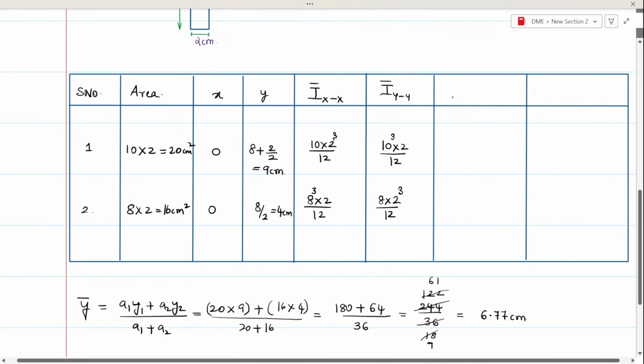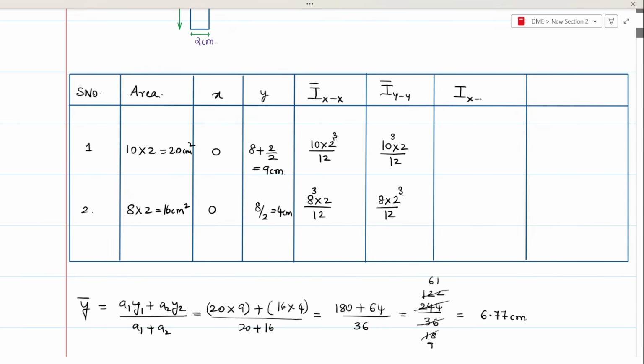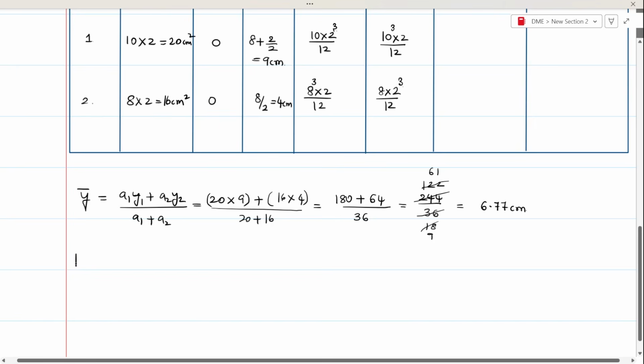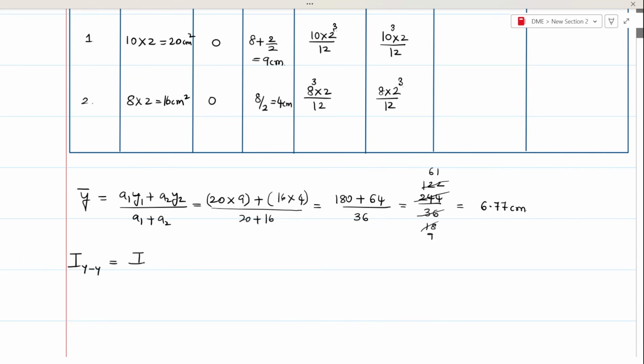Now computation of the moment of inertia for the x-axis as well as for the y-axis. Let me do the y-axis first. Iyy is equal to I y bar plus a into x minus x bar whole square.